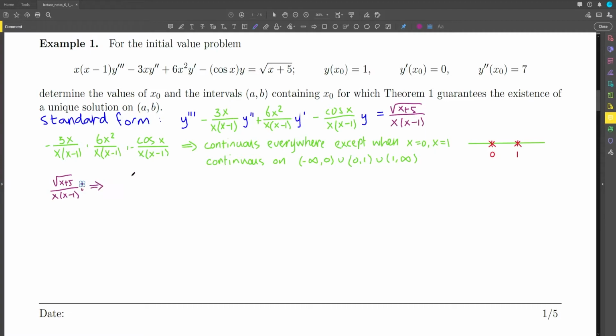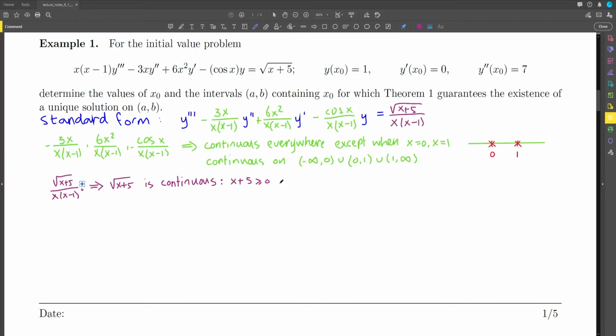Now, the first thing we need to note is that square root of x plus 5 is continuous everywhere it's defined, and that is when x plus 5 is greater than or equal to 0.